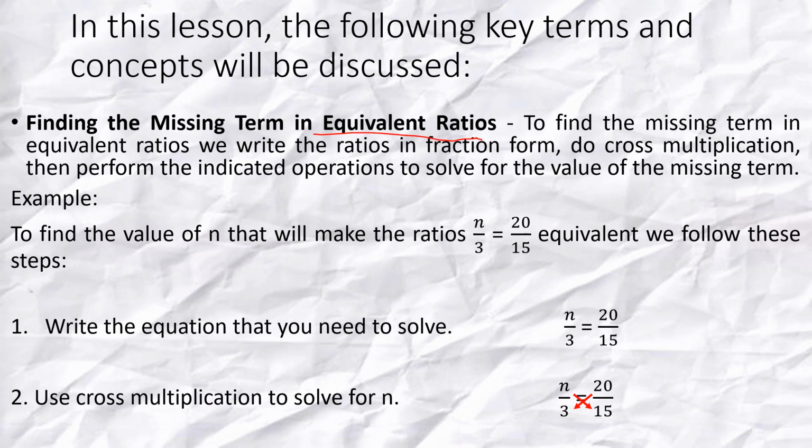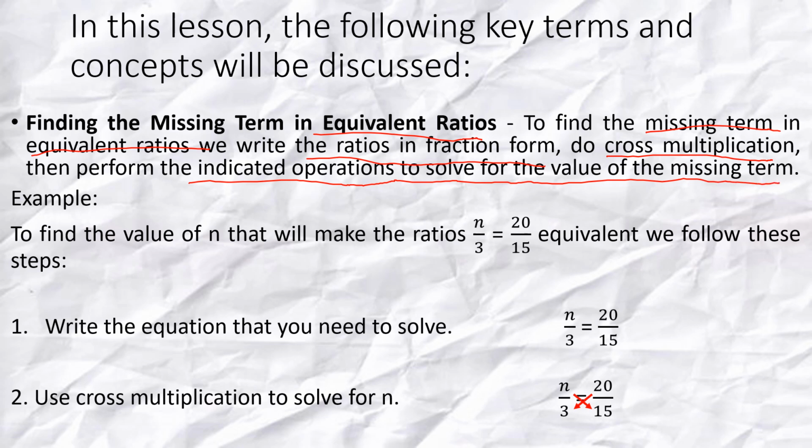So what if one of your terms is missing in given equivalent ratios? To find the missing term in equivalent ratios, we write the ratios in fraction form. After writing them in fraction form, we do cross multiplication, and then we perform the indicated operations to solve for the value of the missing term.